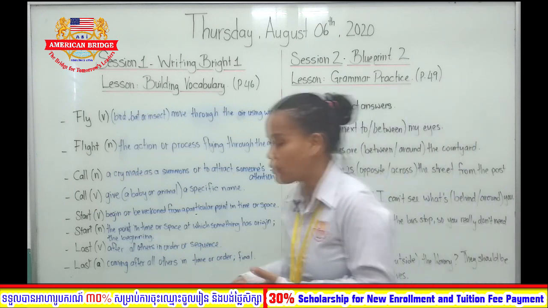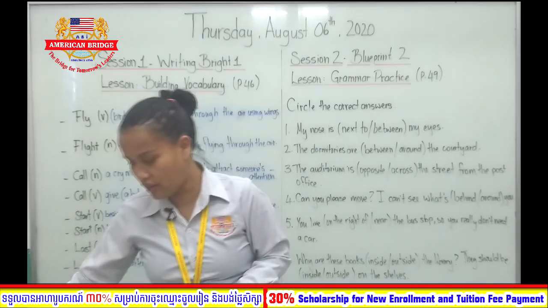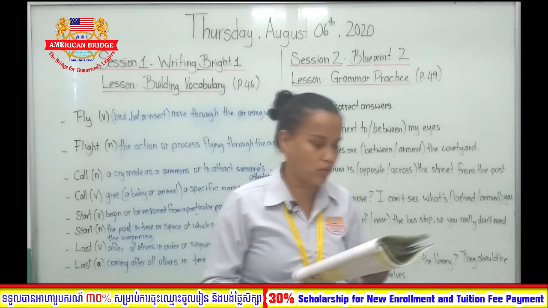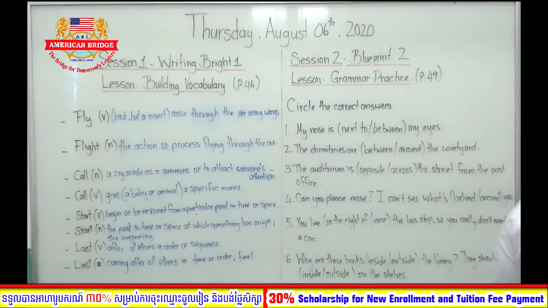All right, let's open your book to page 46. Let's have a look at the exercises on page 46. Building vocabulary. Fill in the blanks with the right words. Change the form if necessary. Box 1: fly, verb, flight, noun. A. The bird away a minute ago. B. It was a long. C. A big bird was over the tree.